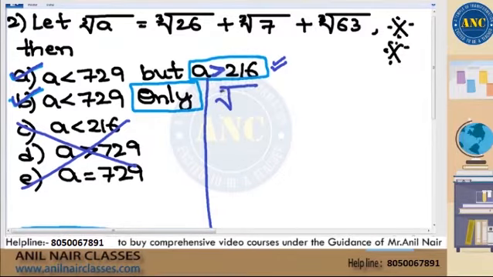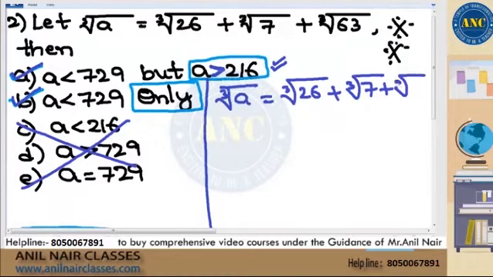Now see here how to check whether a is greater than 216 or less than 216. Again I will implement the same condition. Cube root of a is given as cube root of 26 plus cube root of 7 plus cube root of 63, right?